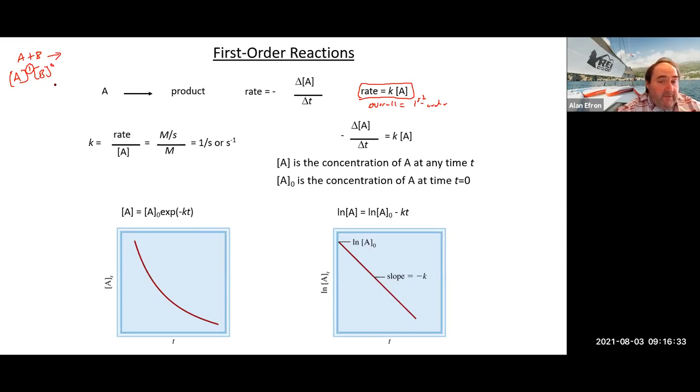And if we rearrange the rate law here and solve for k, which is what they did here, and we put the units in, the molarities will cancel. And that gives us the typical units that we associate with a first order reaction. So why is it important to understand the units of the rate constant?